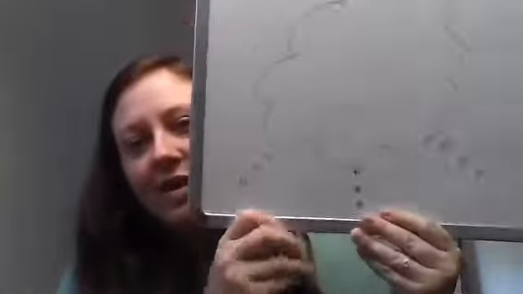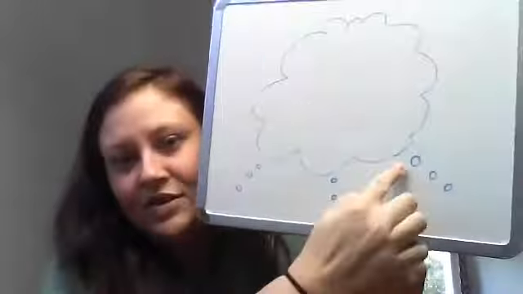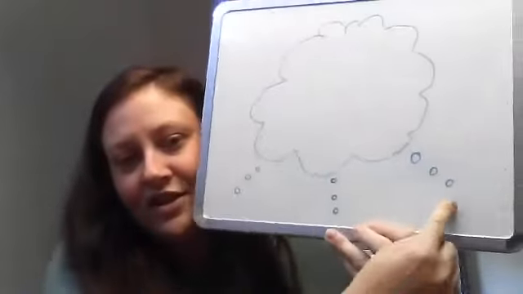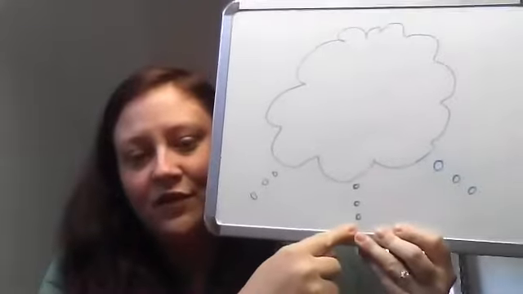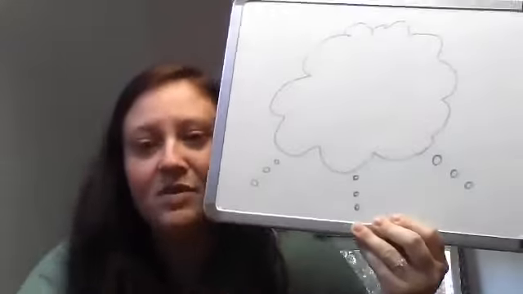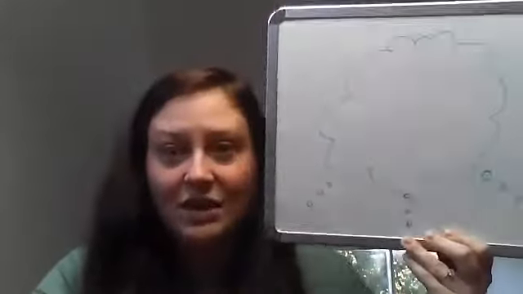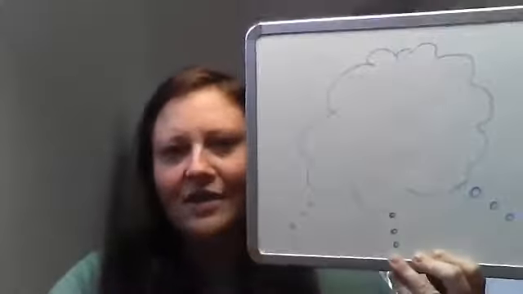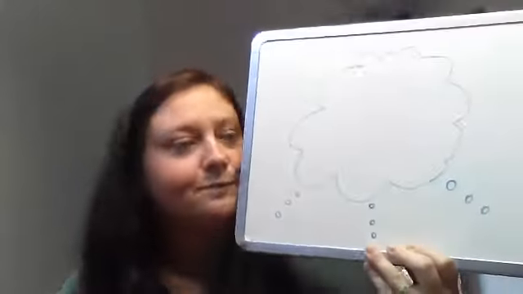So in that case, I might use a thinking bubble that has the little smaller bubbles going out in different directions, and then maybe some pictures of different people underneath that to represent the idea that if we're going to play this game together or have this conversation together or do this group project together, we all need to be thinking about the same thing at the same time.